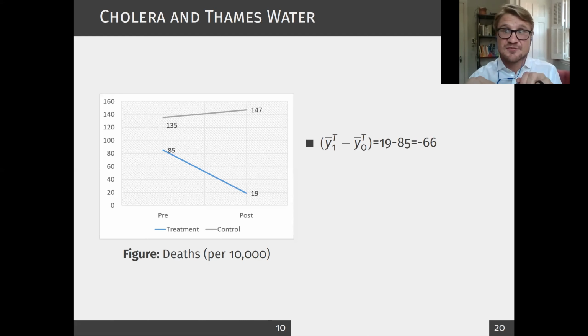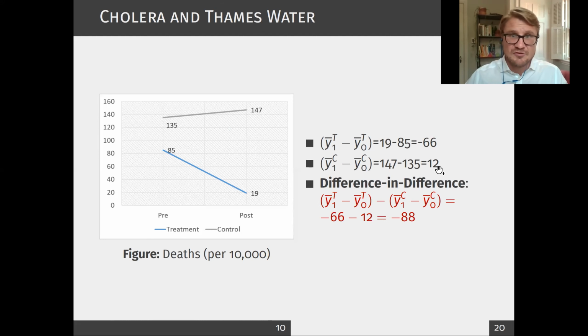The treatment is those individuals who were served by the water source that actually moved upstream. So the treatment group went from 85 to 19. There was a reduction of 85 minus 19, a reduction of 66. At the same time, the control group trend is a slight increase, from 135 to 147. It's 12.